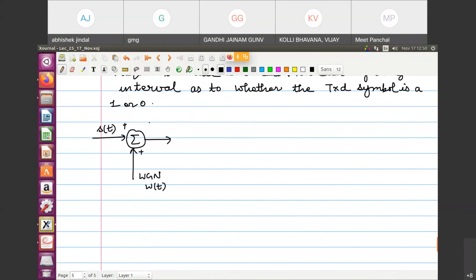Now, what you will do? You know that if at all your signal is of the form y of t is equal to s of t plus n of t, or in our case w of t, then in order to maximize the SNR, you need to use a matched filter. Okay, so matched filter to s of t. So you will use a matched filter here. Note that this matched filter will now work over the bit duration, okay, 0 to TB.